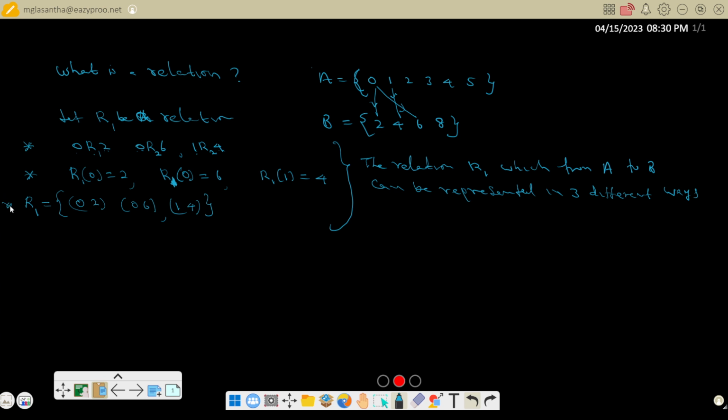But in this lesson we use the set method. So R1 can be represented in the form of a set, a subset. Subset of what? What is the superset of R1?